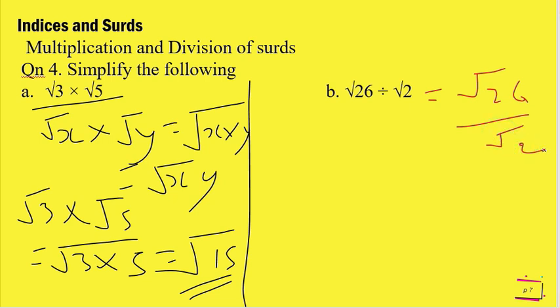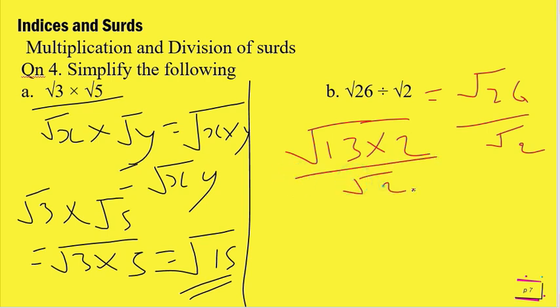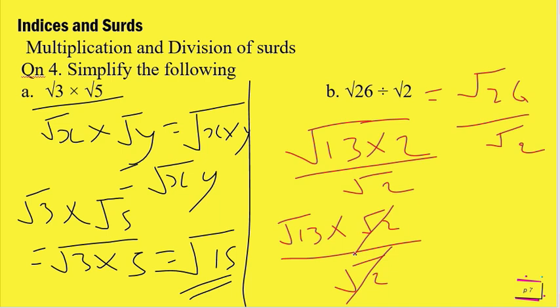We already know that root 26 is equal to root 13 multiplied by 2, then over root 2. So this can be written as root 13 multiplied by root 2, over root 2. Root 2 and root 2 cancel, and we get the answer root 13.